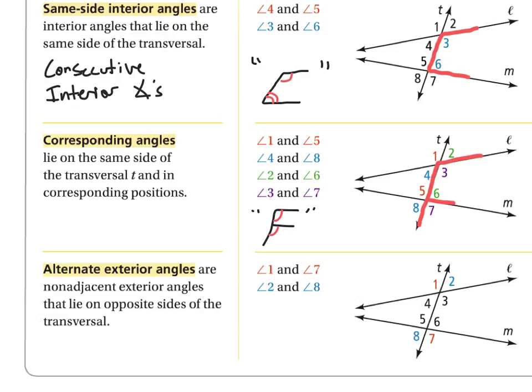And then another pair is angle 2 and angle 8. Pairs of alternate exterior angles. Sadly, there is no letter to help us describe those angles. So this angle up here and this angle down here are alternate exterior angles.